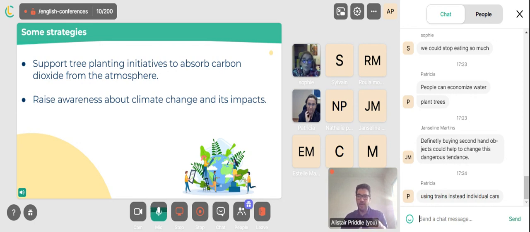And the last point is about education. So raise awareness about climate change and its impacts. Okay, who do we raise awareness with? Perhaps the children, but also adults. It needs to be every level of society that is aware about climate change and its impacts. Okay.